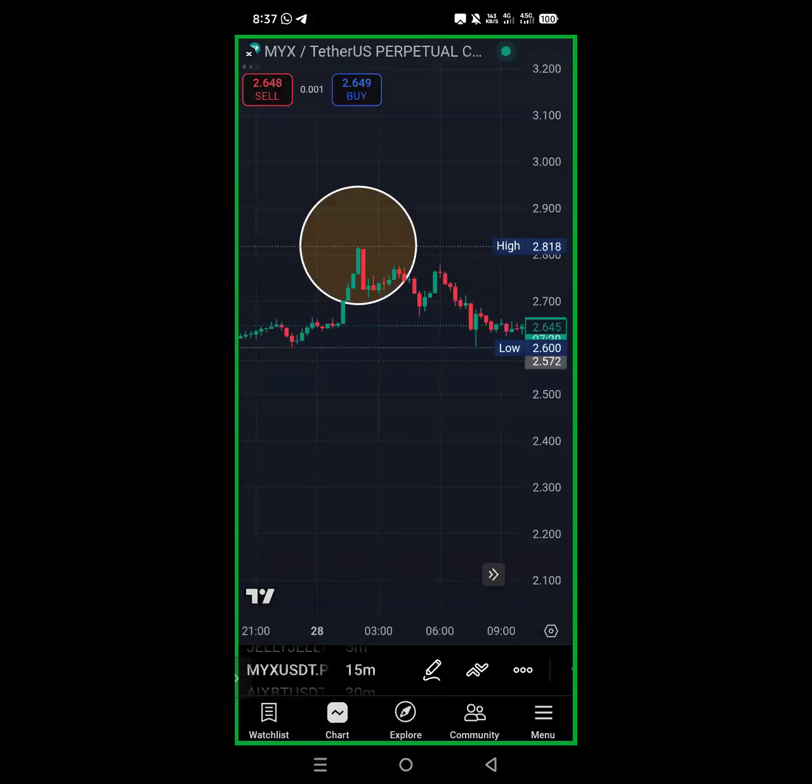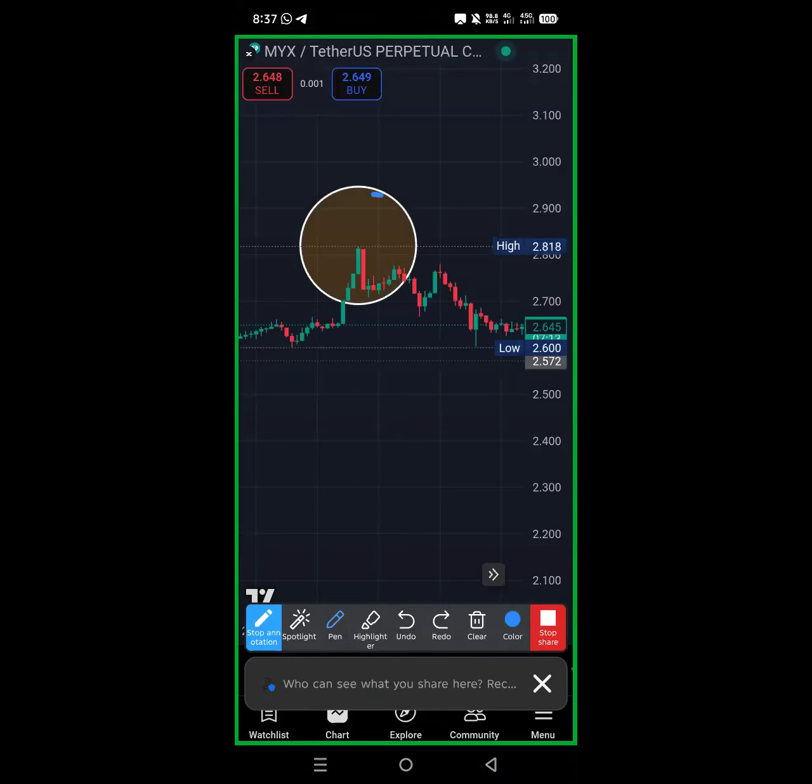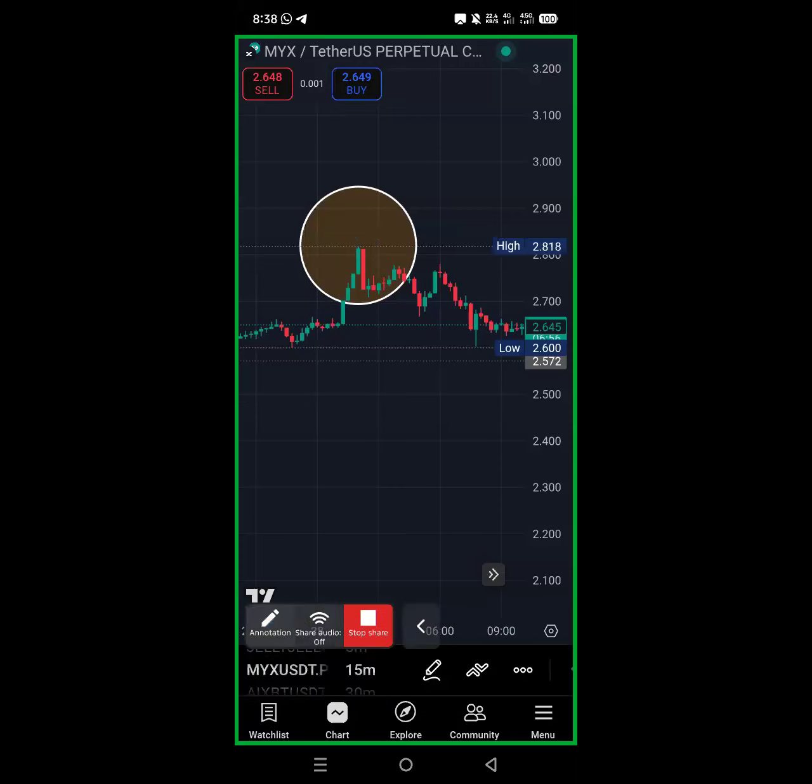Let's have a look. What candlestick pattern is that? Around there we have this movement, then immediately we had that red candlestick. What pattern is that? Let me see on the chart.